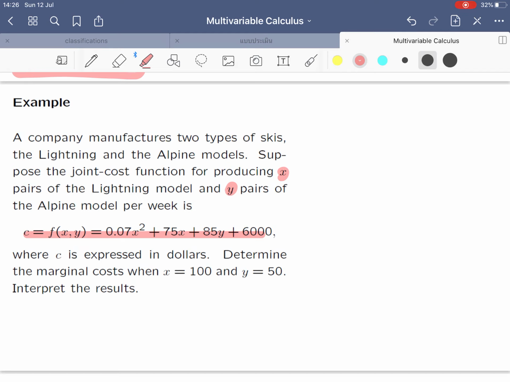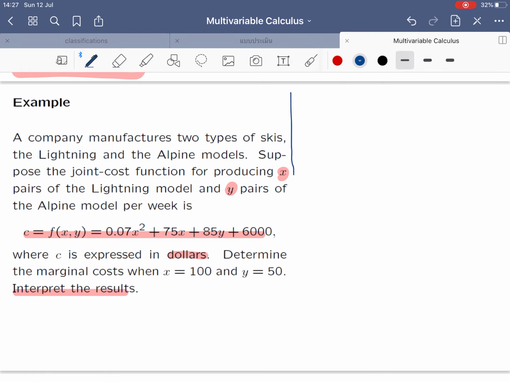You see it is expressed in dollars. You want to determine the marginal costs when x equals 100 and y is 50. And of course, the most important thing is to interpret the quantity that you got.